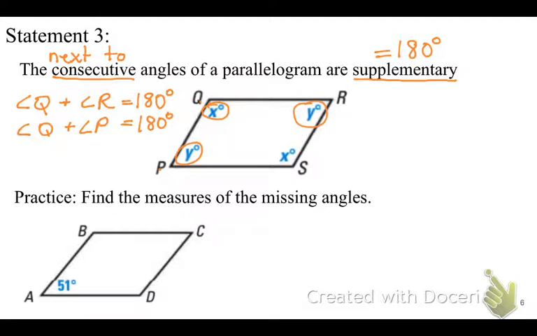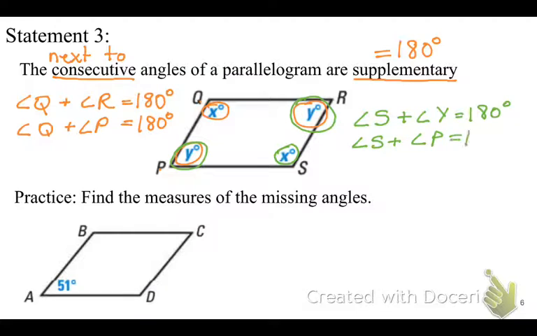And here we have this X. Okay, so we have angle S, and we know that angle S plus angle Y is going to equal 180 degrees. And we know that angle S plus angle P is equal to 180 degrees.